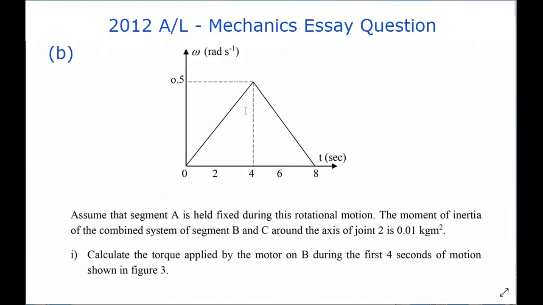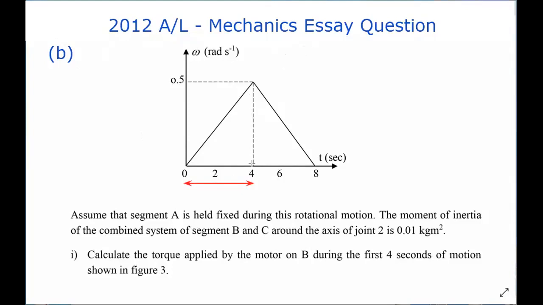Somebody unmute the mic and tell me, within the first 4 seconds, what has happened here? What kind of motion is this? Lamai, this is the first 4 seconds. Constant acceleration? Yes, velocity increases. If velocity increases, it's an acceleration.